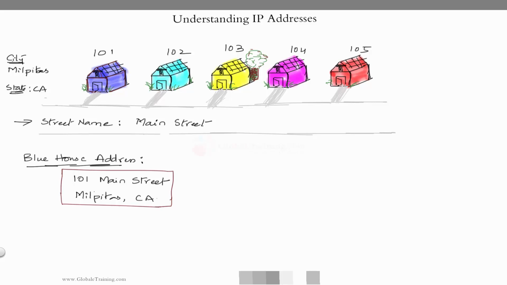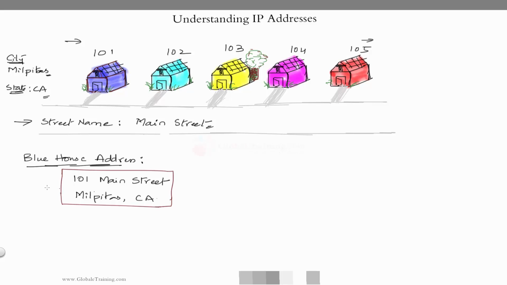Let us take this example of a street. The street name is Main Street, city Milpitas, State California, and we have 5 houses, and the numbers are from 101 to 105.